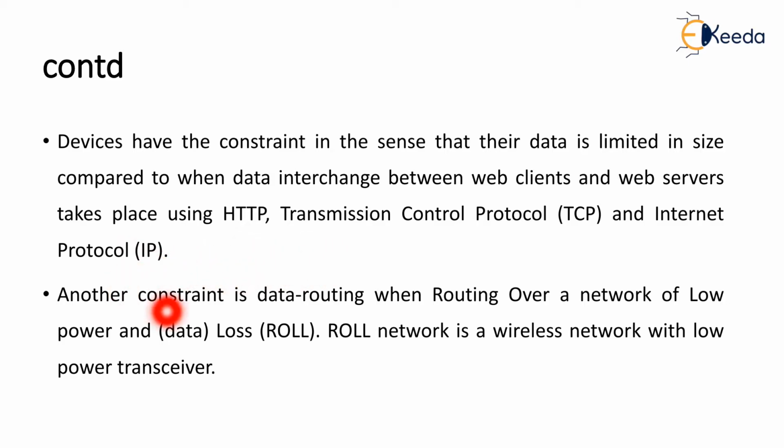Another constraint is data routing. When routing over a network of low power and data loss, which is the ROLL network, a ROLL network is a wireless network with low power transmitter and receiver, that is, a transceiver.